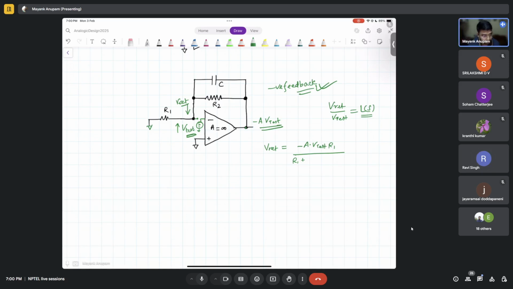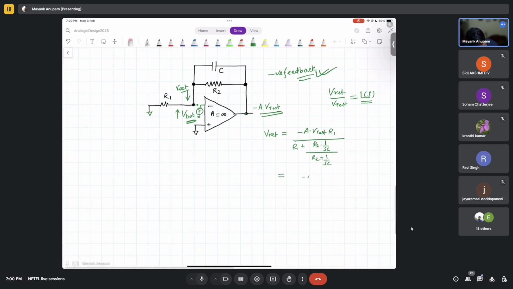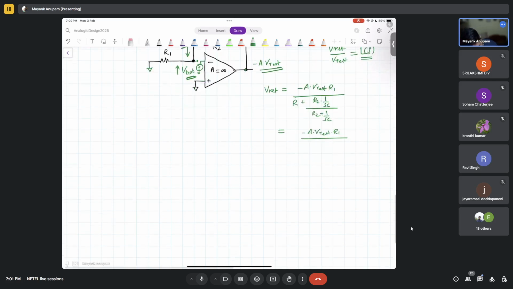R2 parallel 1 by SC is R2 into 1 over SC divided by R2 plus 1 over SC. So it is R2 divided by 1 plus SCR2, right?